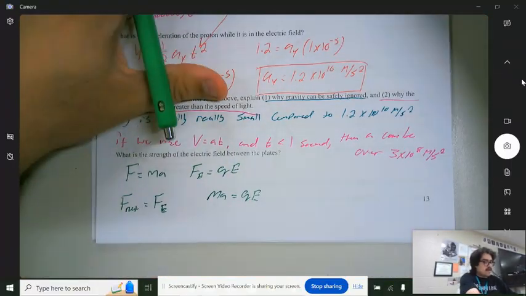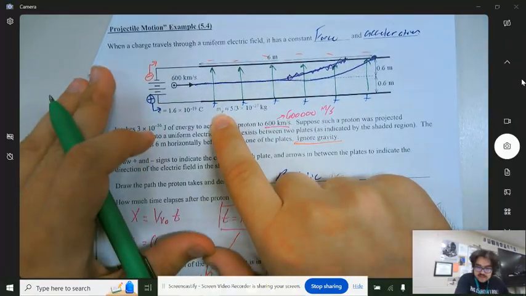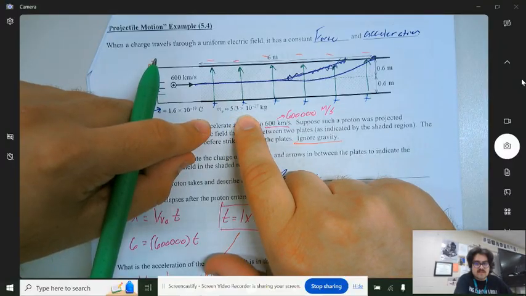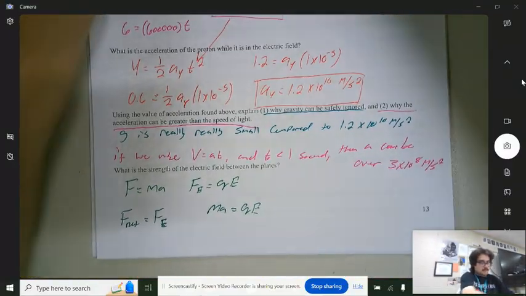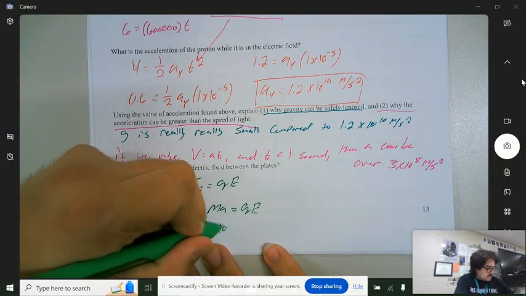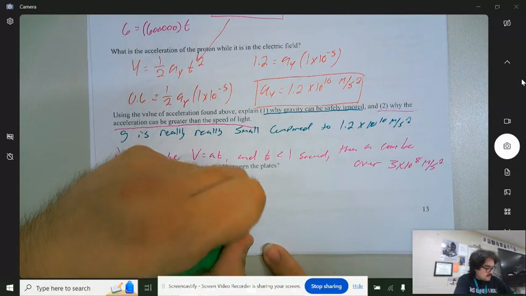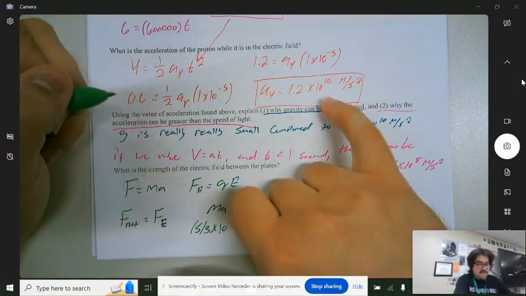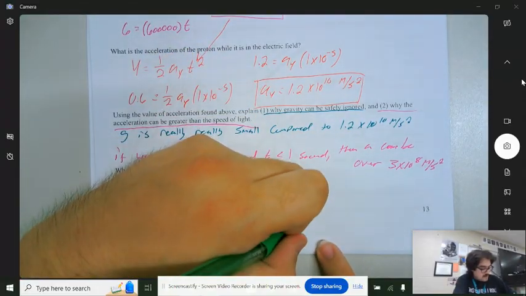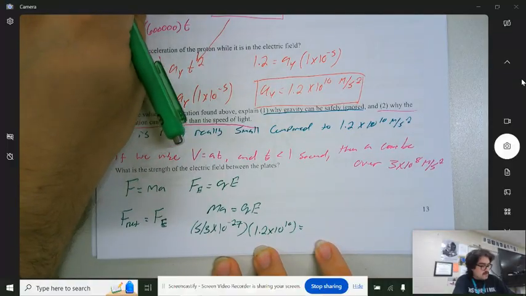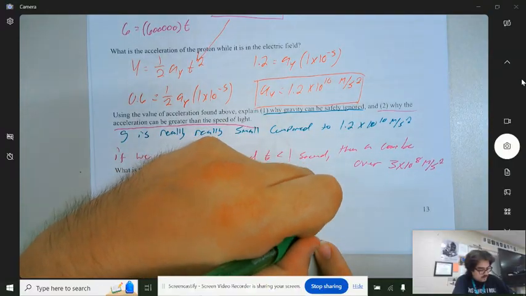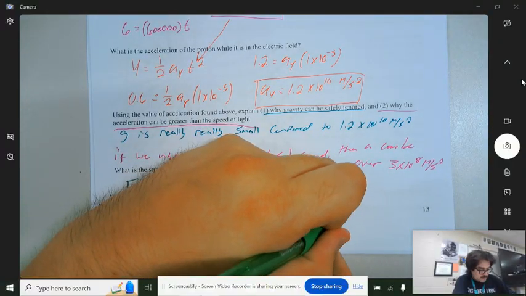This is a proton, and it gives us that the mass here is 5/3 times 10 to the negative 27th. So we should do 5/3 times 10 to the negative 27. Acceleration we had solved as being 1.2 times 10 to the 10th. And then Q is the elementary charge, because this is a proton, so it would just be 1.6 times 10 to the negative 19.